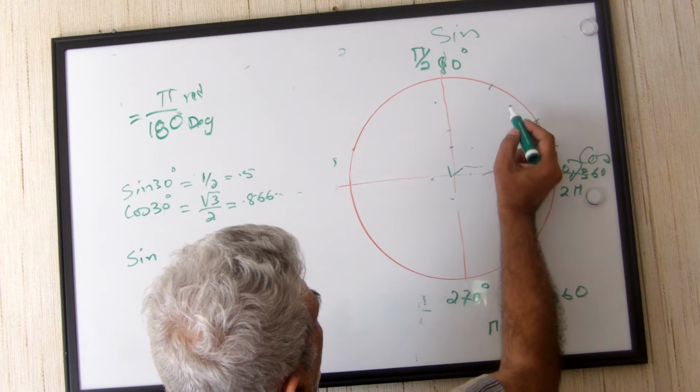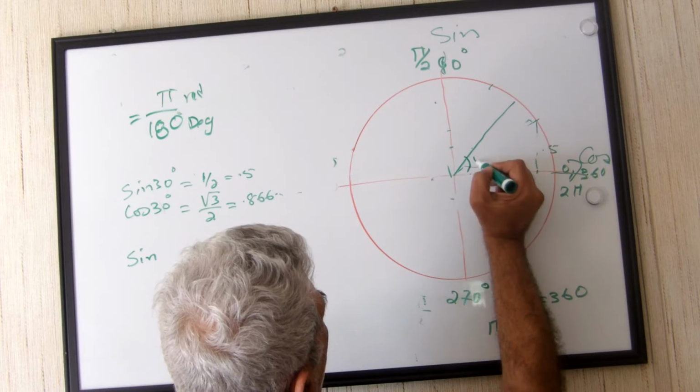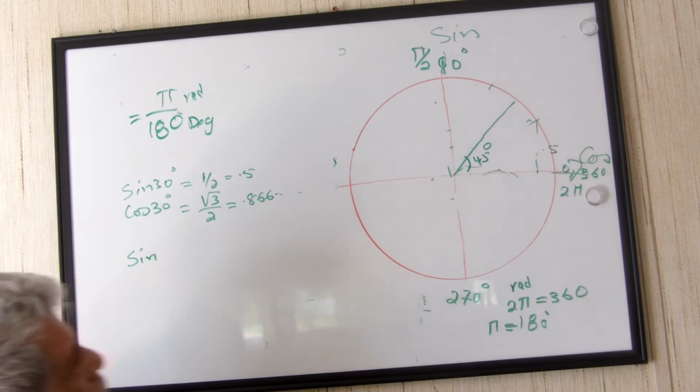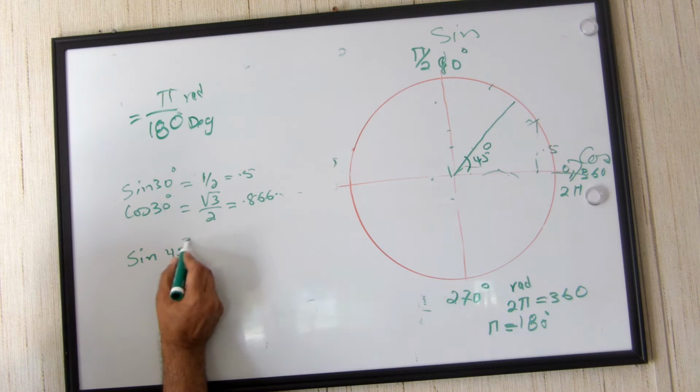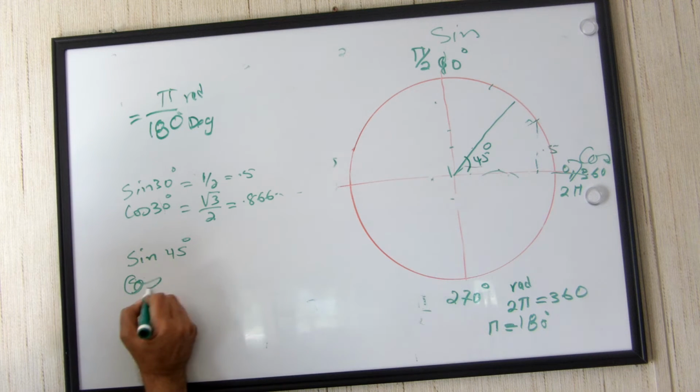But how about 45? Let's talk about 45. We want to find the sine of 45 and the cosine of 45.